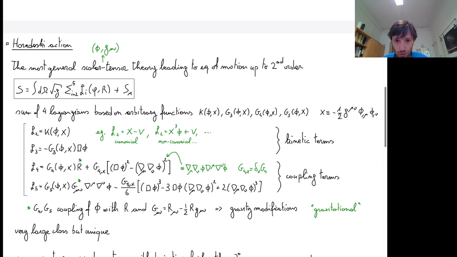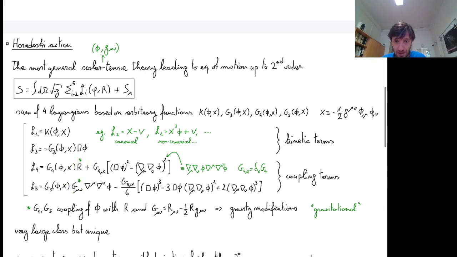Okay, so you see we have L2 is just this function. L3 is a minus, and then it contains a kinetic term here. A kinetic term is contained here. So these two are responsible for kinetic terms in your action. Whereas these other two functions, G4 and G5, you see they are expressed with respect to R, so that's the Ricci scalar, and then we have G mu nu, the Einstein tensor, both of which represent gravity.